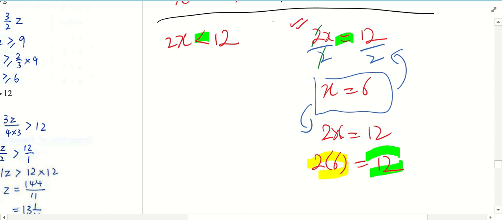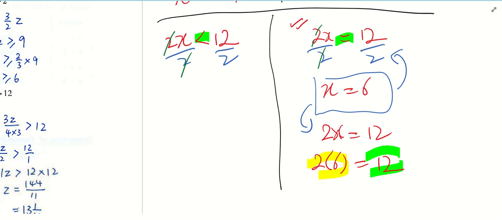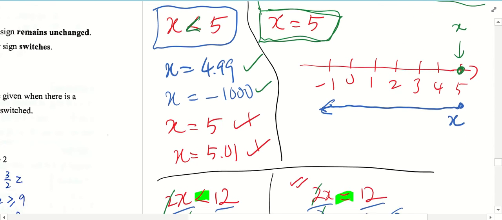Now, what happens when we have an inequality? Well, we deal with it the same way. We divide both sides by 2, then we go ahead and cancel. Now in this case, you might be asking, do I need to flip the inequality sign? The answer is no, because we are dividing both sides by a positive number, which is 2 in this case.